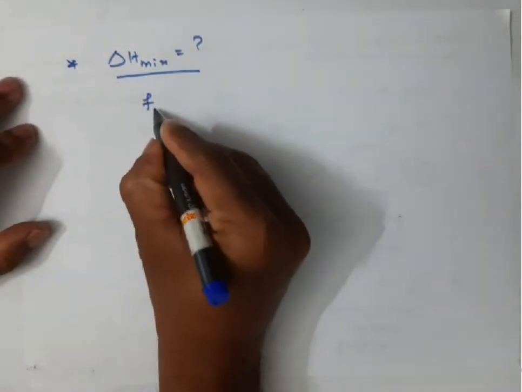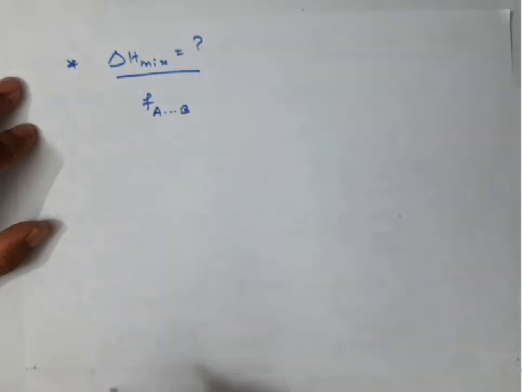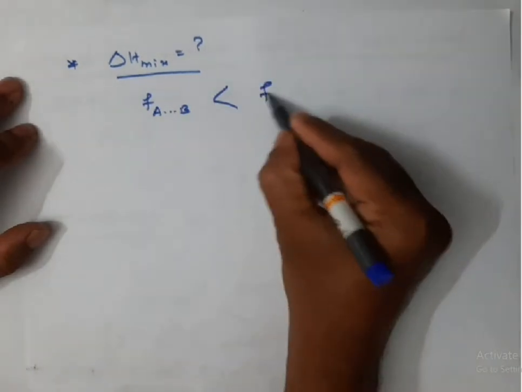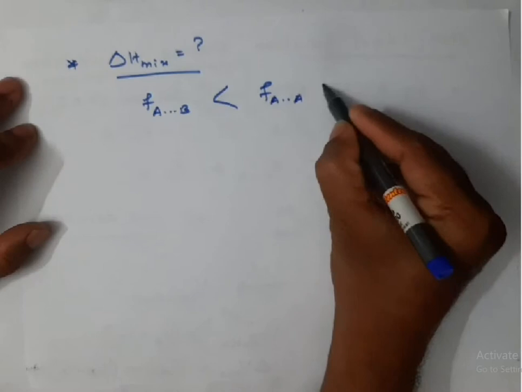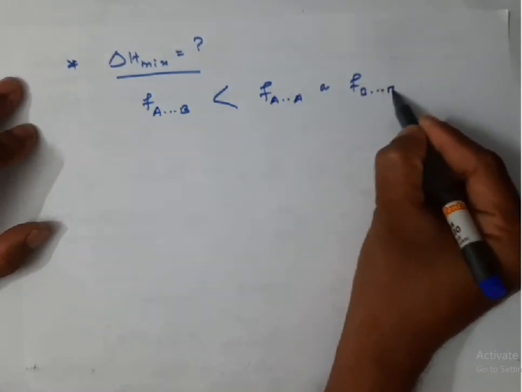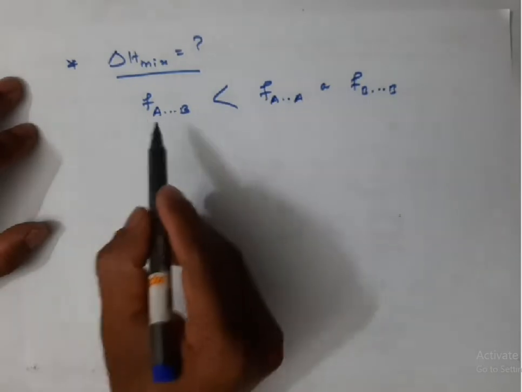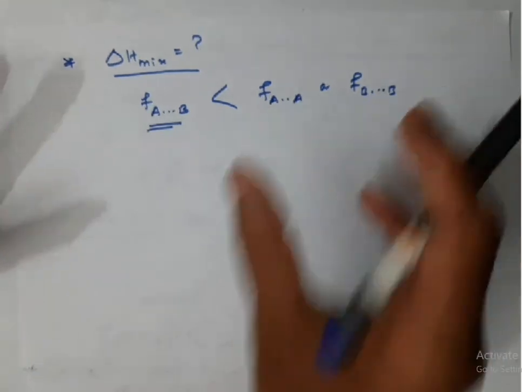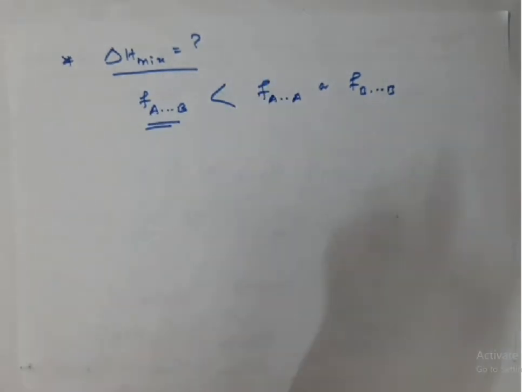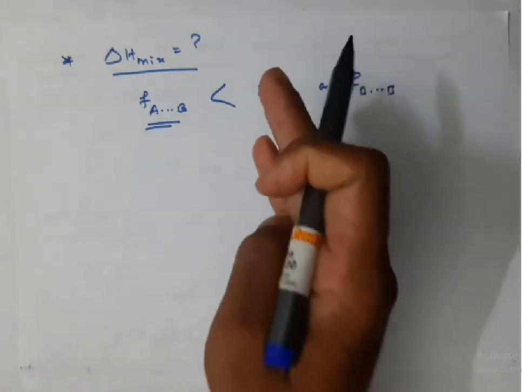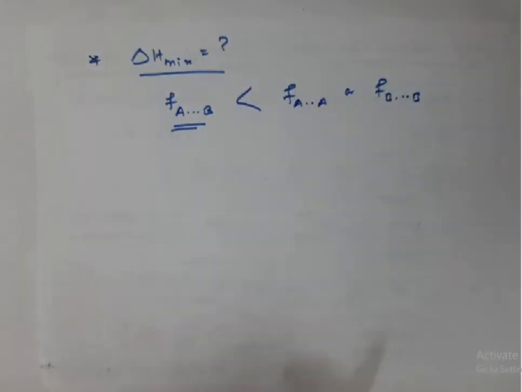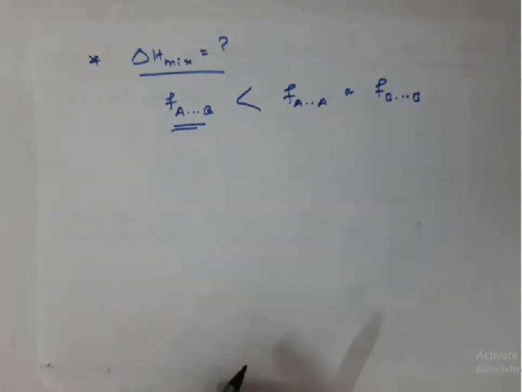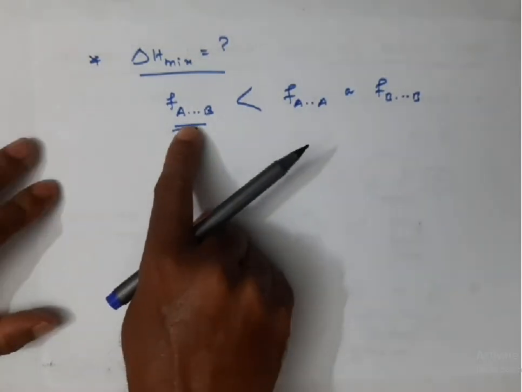Whenever the force of attraction between A and B is weak compared to the force of attraction between AA or BB, that means the AA attractions or BB attractions are stronger. If you mix them, the forces of attraction are reduced, to reduce the force of attraction between AA as well as BB. Or I can say it the other way: here the force of attraction is weak.